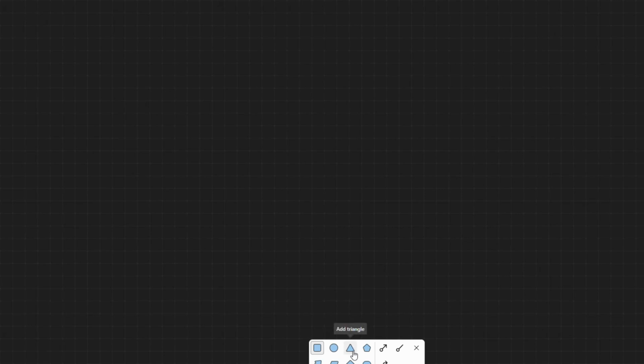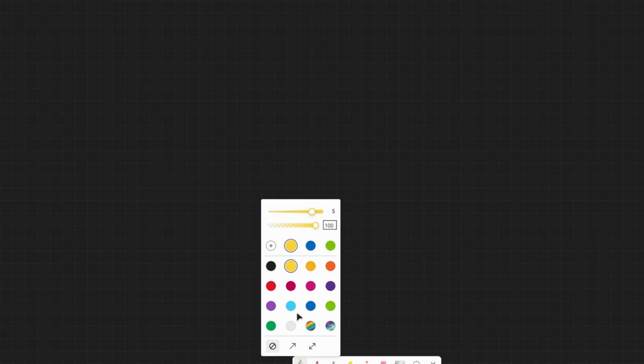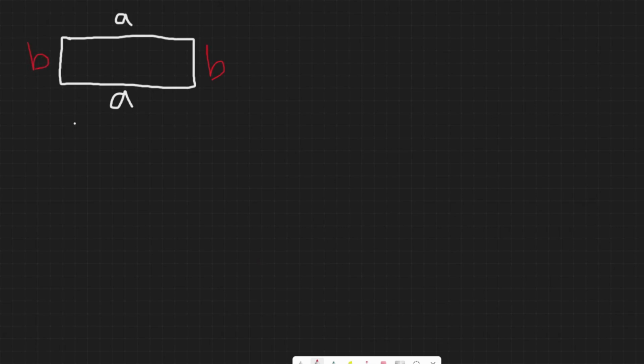So the next one is actually maybe rectangle, something like this. So in any rectangle, if this side is A, then the side opposite is also A, because they're equal. So if this is A, this is A, this is B, this is B either.